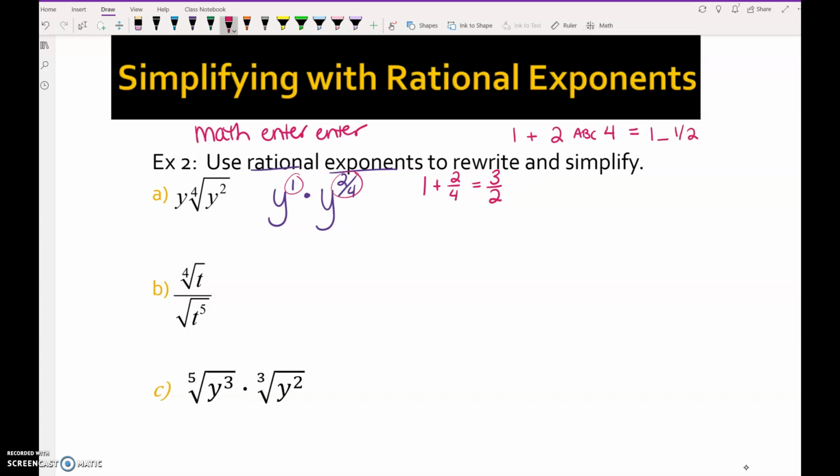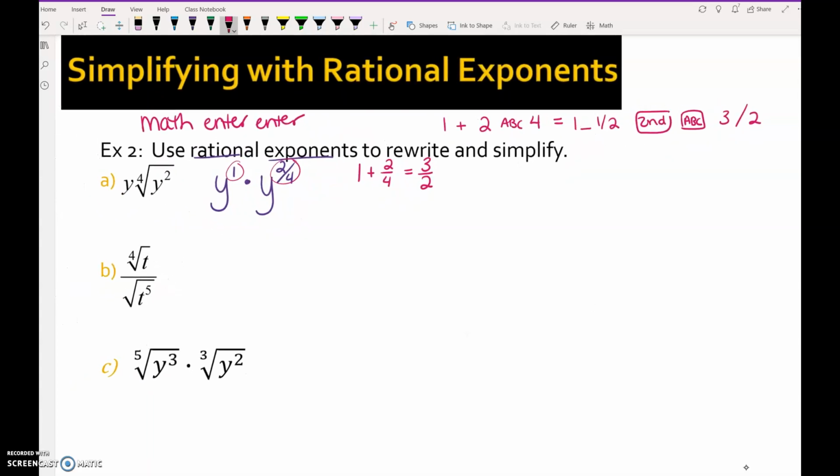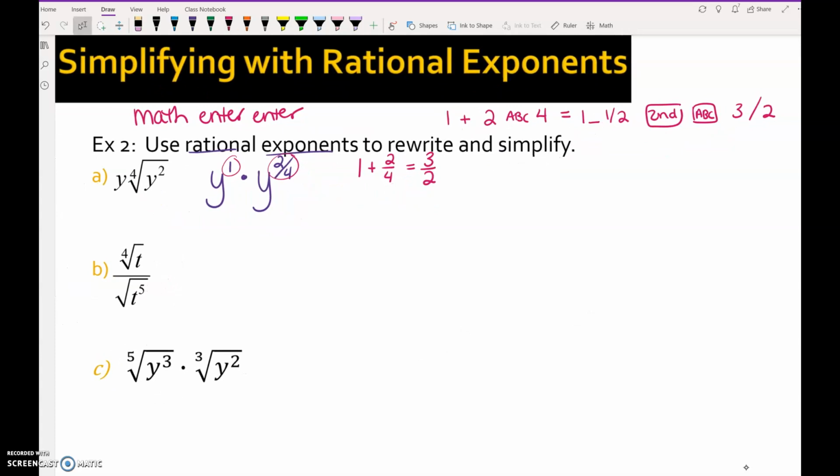We don't want mixed numbers. Your scientific calculators are stuck in middle school and they still think that mixed numbers are better. If you push the second key and then your ABC button again, it will change it into a mixed number or an improper fraction 3/2. If you need help figuring out how to do fractions on your calculator, please come talk to me. I will help you get it figured out.